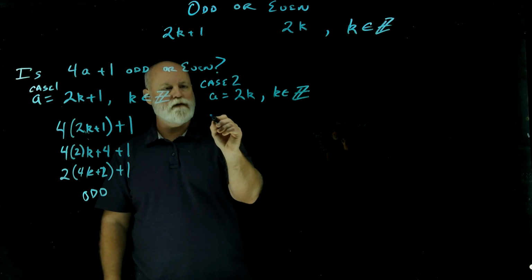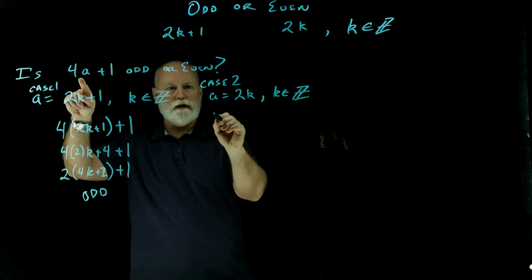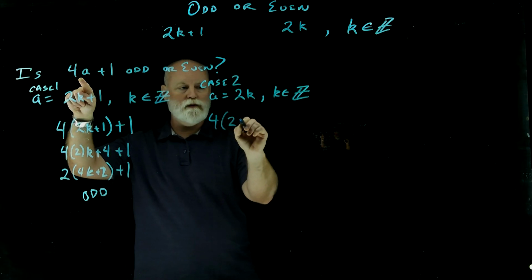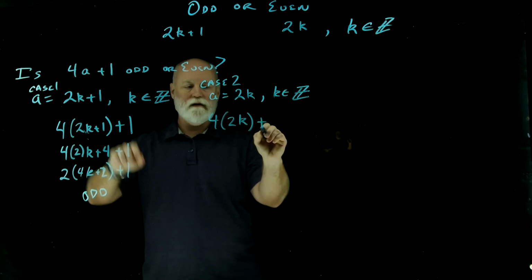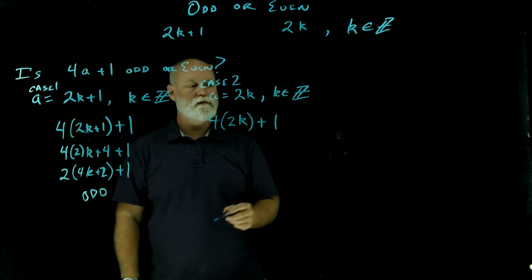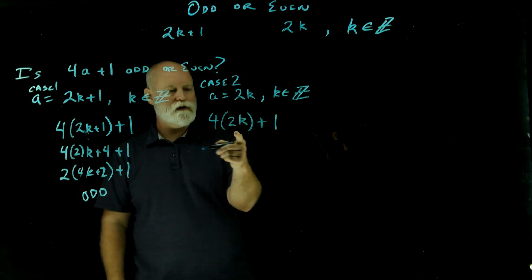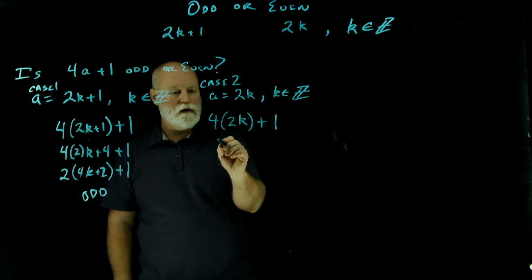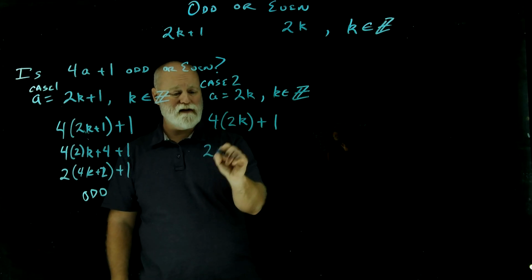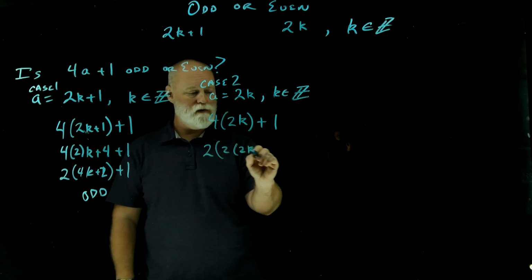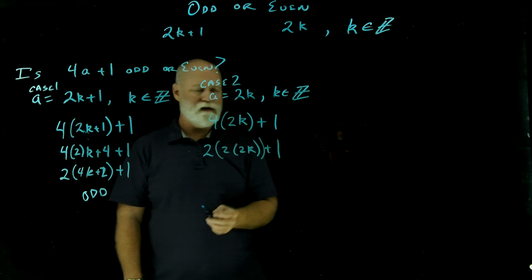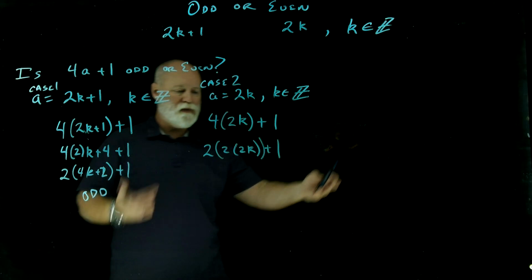Well, now we have our original expression here, 4 times 2k plus 1, right? Well, what is that? We can just use our commutative property and switch those two, or I could just split 4 up, and I can make that 2 times 2k plus 1. This is not the only way you could expand this expression here.